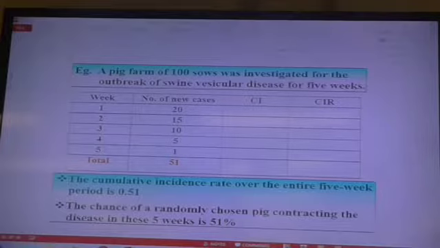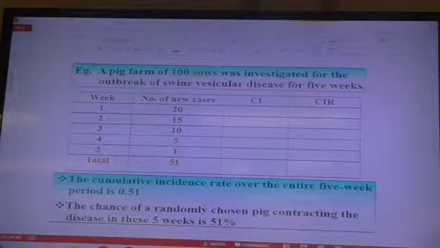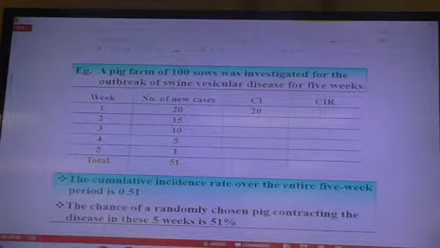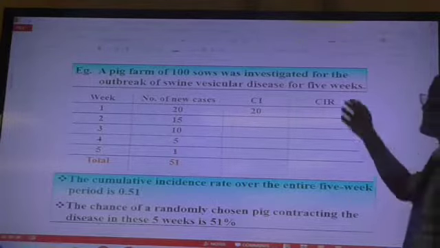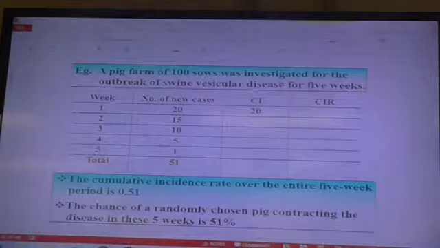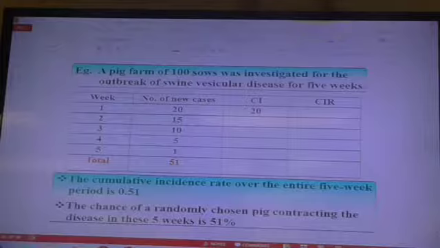So as I said, we have 100 sows. During week 1, 20 new cases occur. So cumulative incidence during this first week is 20. Now incidence rate is what? Cumulative incidence rate is just dividing the number of new cases by the population at risk. So our population is 100.